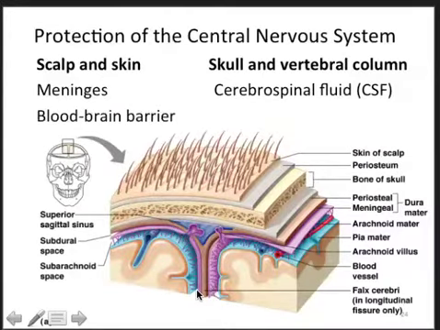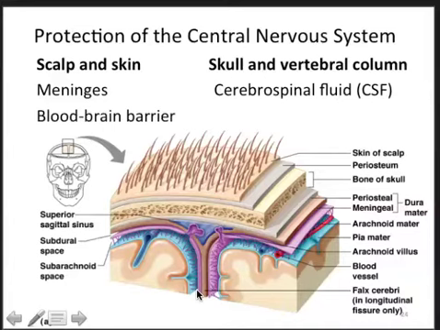Now the brain and the brainstem and the spinal cord are very valuable pieces of equipment in the nervous system. If they're damaged, they can't be replaced, and so nature has seen fit to protect them with a variety of layers and protective cushions.